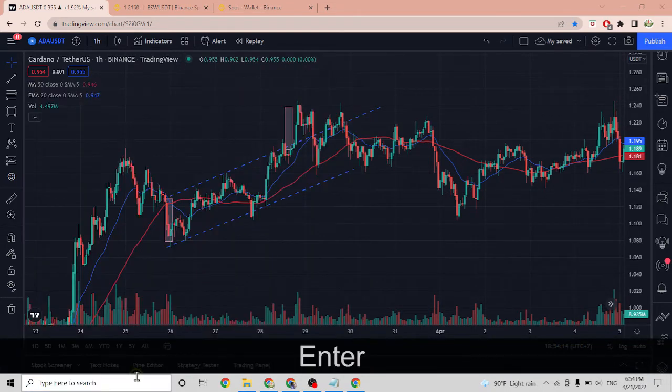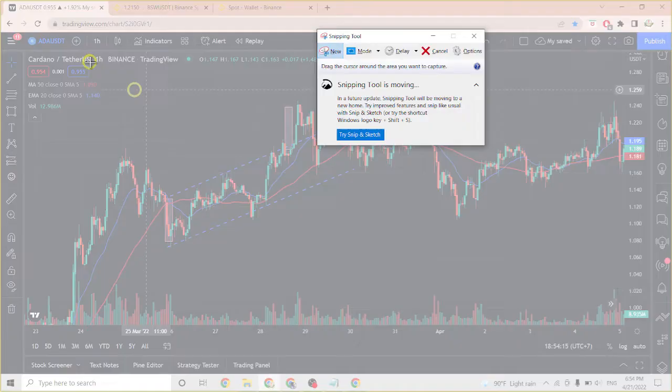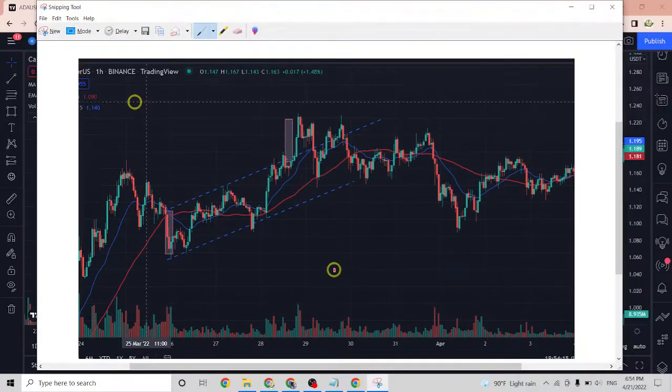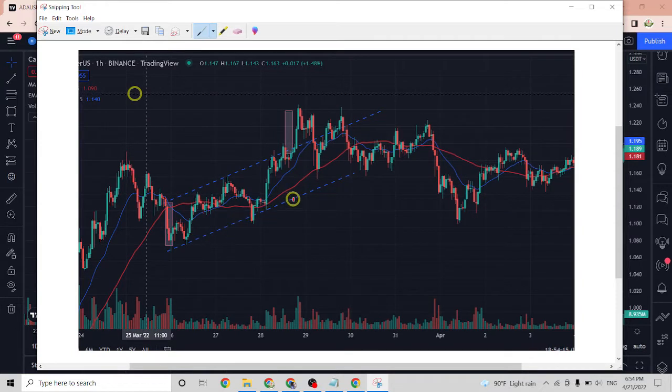We have a snapping tool. So this is the support, because this is a checkpoint and this becomes support, and this is a checkpoint, resistance.